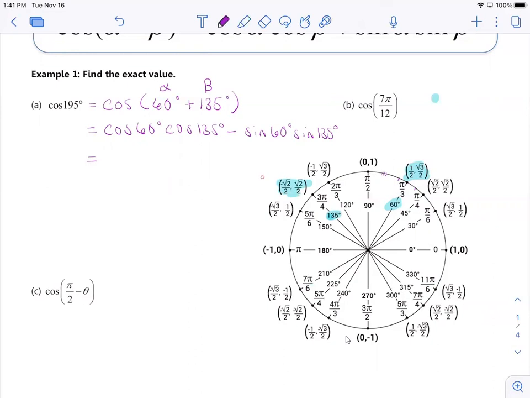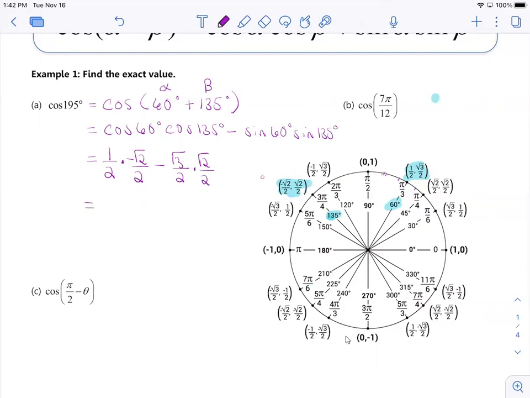The first one says cosine of 60. Well, cosine of 60 would be 1/2, times cosine of 135, negative root 2 over 2, minus sine of 60, which is root 3 over 2, times sine of 135, which is root 2 over 2.